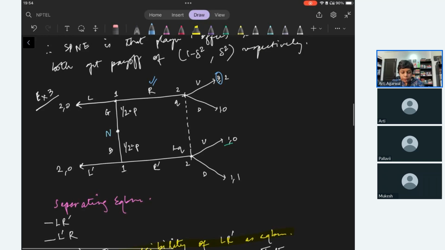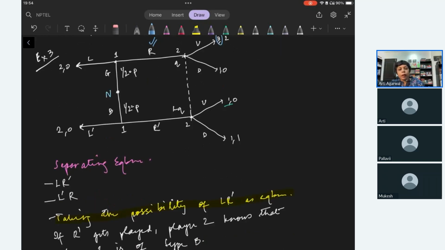And in the second part of the sub game, or sorry, not sub game, continuation game, if player 2 is choosing U, that is, if player 1 is playing R prime and player 2 is choosing U, player 1 is getting a payoff of 1, whereas for playing L prime, the payoff is 2.